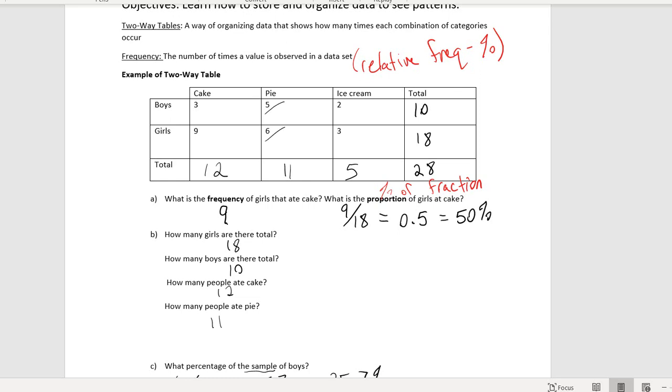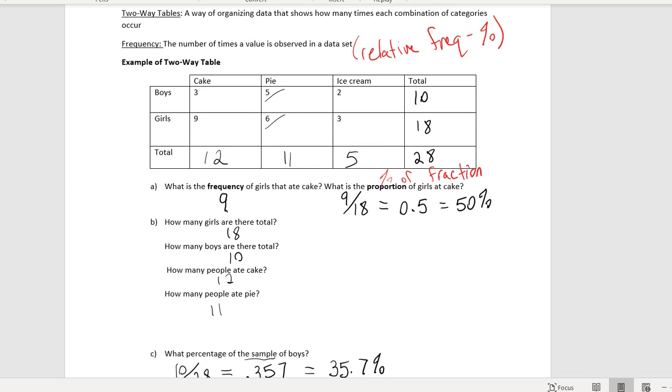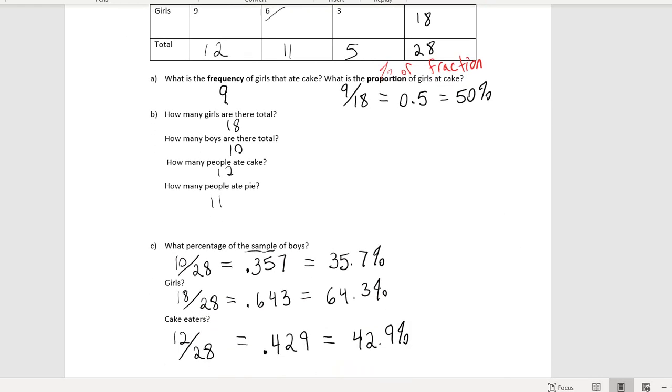The reason we can't do that is because there are more girls overall than boys. So of course we might see more girls eating pie, because there's just more girls at the party.